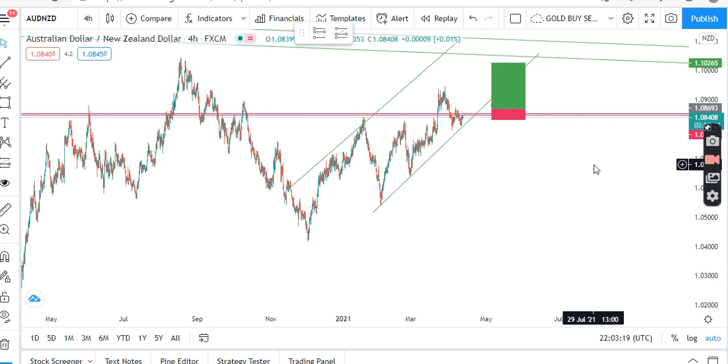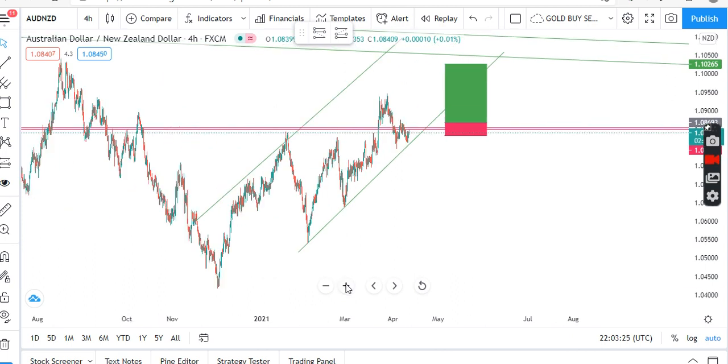Since here we want a break of this structure, we can have a short-term buy here and wait for price to break this structure here. So if you remember how to trade your double bottom, how do you trade the double bottom?